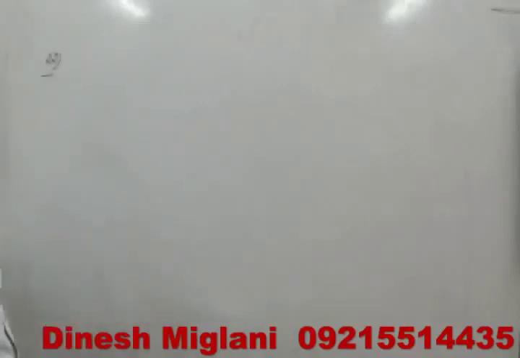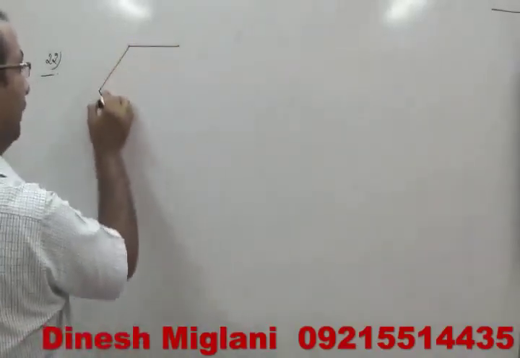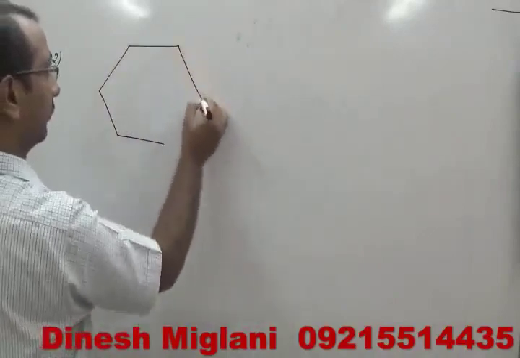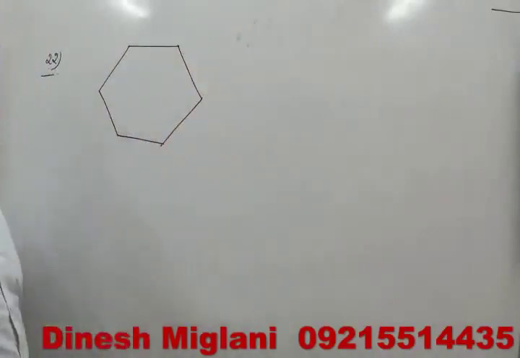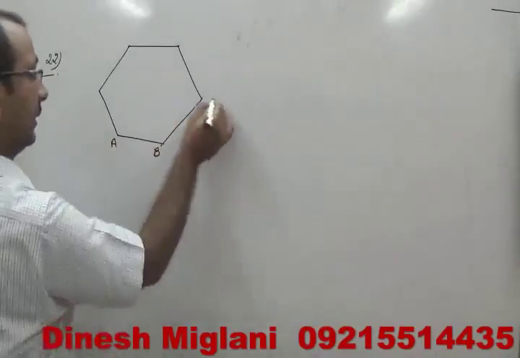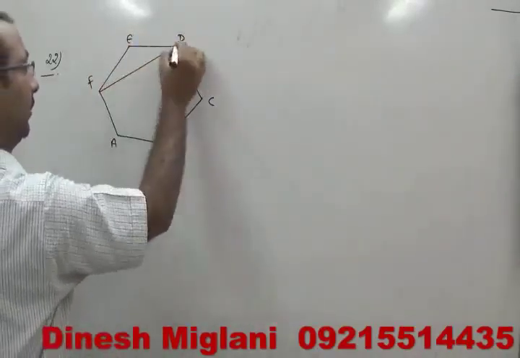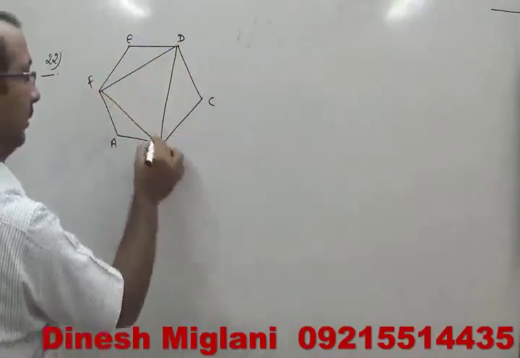Let us take the next problem, concept number 22, that deals with the concept of hexagon. One hexagon is there, it's a regular hexagon. Let us say this is A, B, C, D, E, F. One triangle is made here in such a way, right?